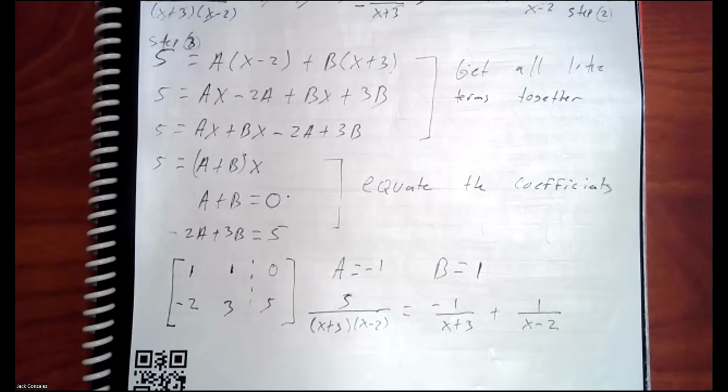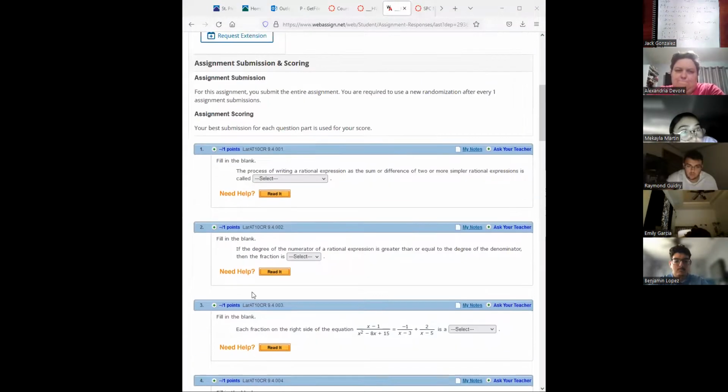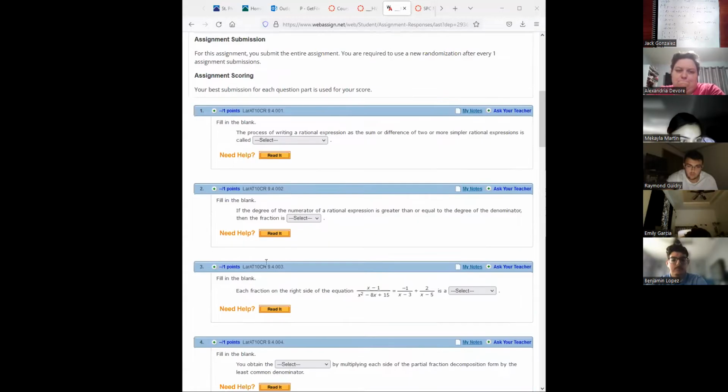Let me open the homework so you can see what it looks like in case you haven't yet. Okay. So here's the homework. It starts out with some theory stuff, so I'll let you do that.